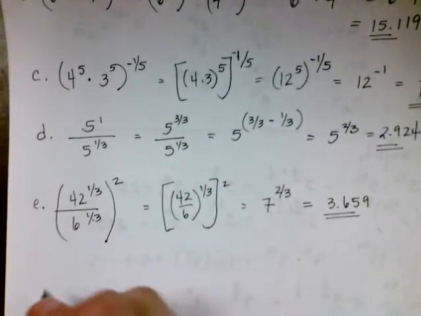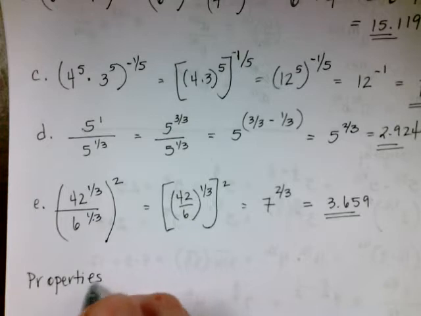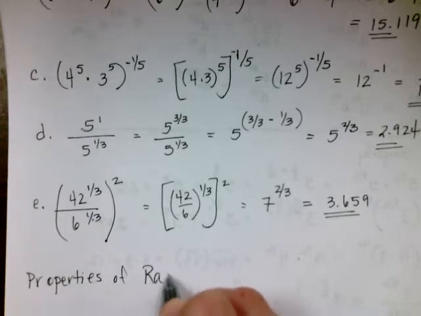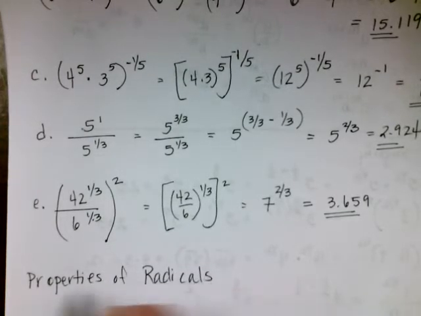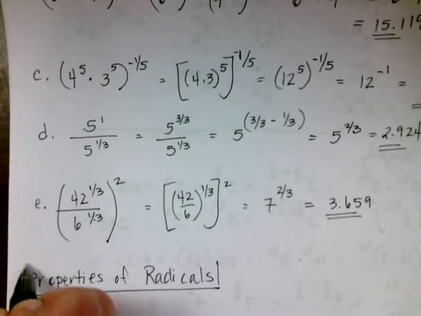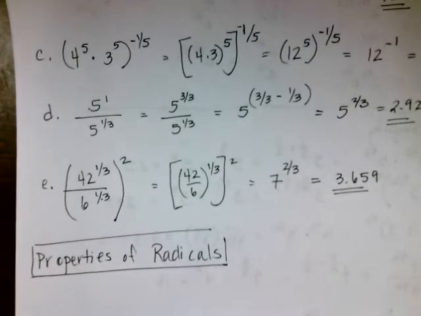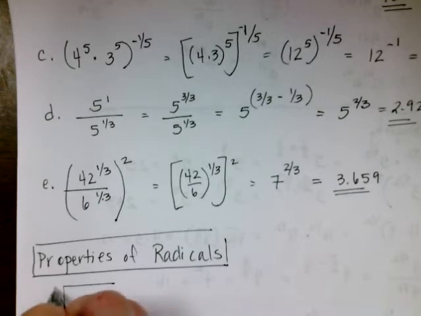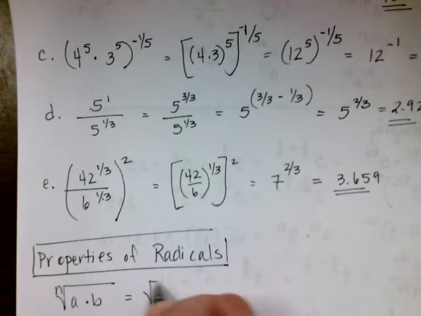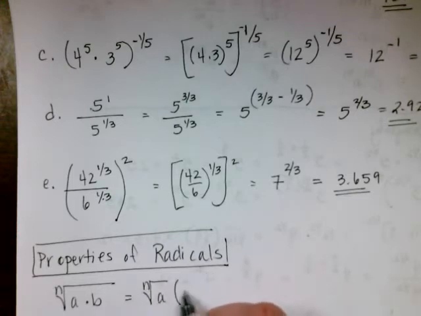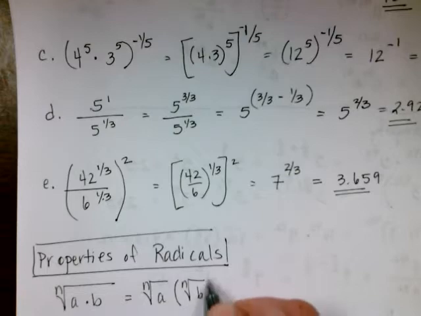Alrighty, now we're going to do just a couple of properties of radicals. This has probably been a while. We've done a little bit of work with radicals this year, but not a lot. So if I have the nth root of a times b, I can rewrite this as the nth root of a times the nth root of b.